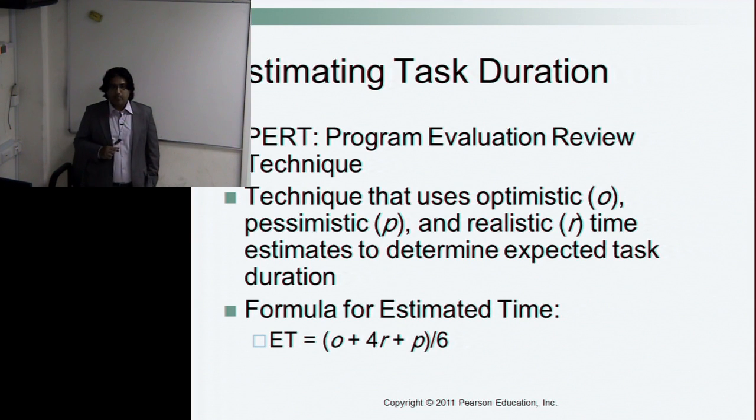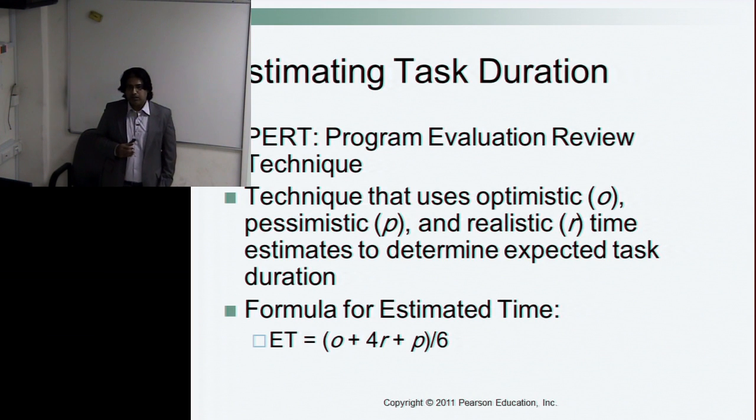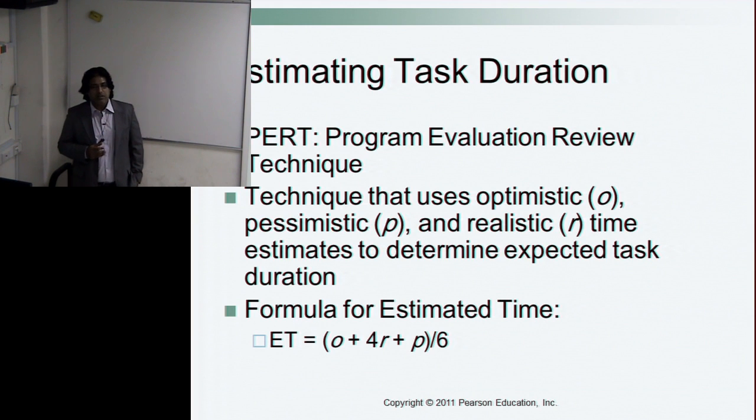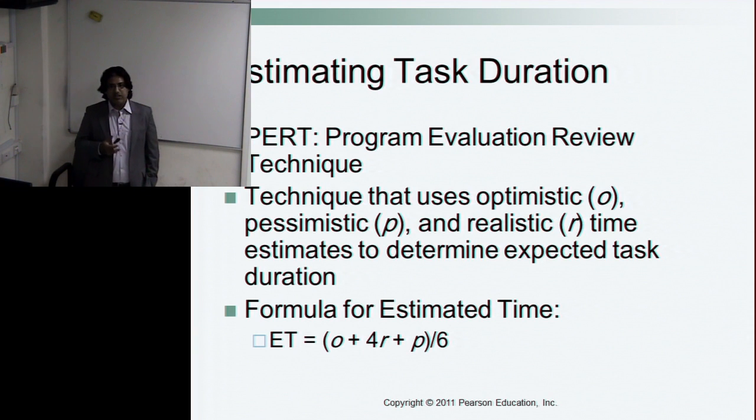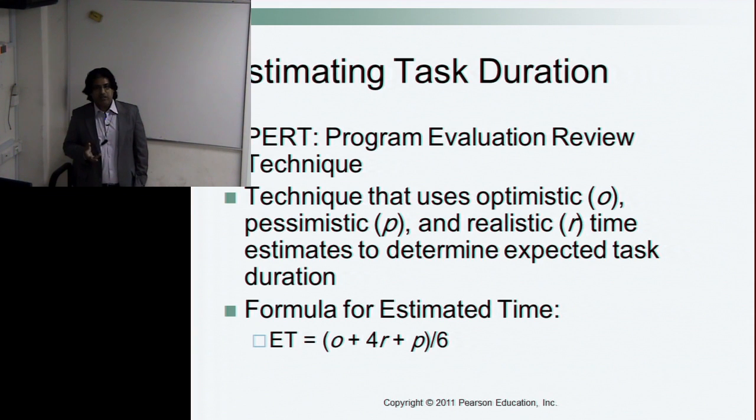Now, some activities are running in parallel in the project, and some activities are dependent. So, those activities which are dependent, normally they have some probability of delay in their start, because if the activity on which they are dependent is delayed, then that activity is also delayed.